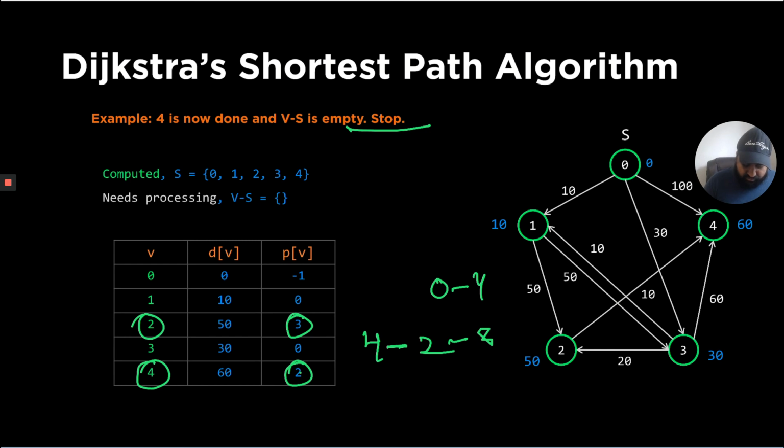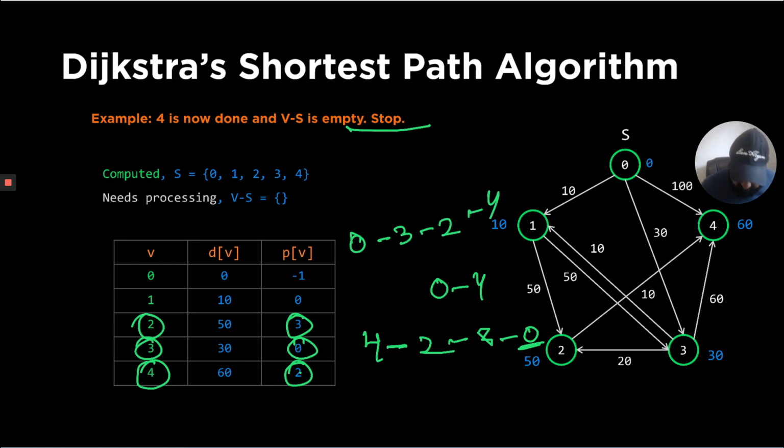And finally, you go to 3 and you see its previous is 0. So now we have reached the source node, which was 0, and that's what we are trying to compute. So the path to reach node 4 is going to be the reverse of this, which is 0, 3, 2, and 4.